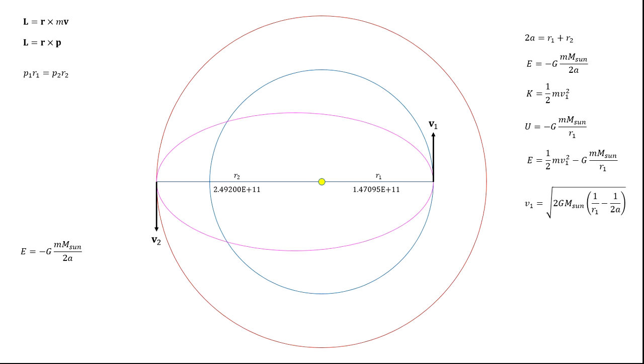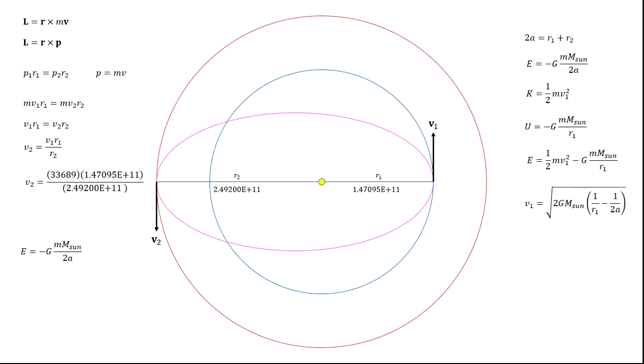At perihelion, where the momentum is p1, the distance from the Sun is r1. Likewise, at aphelion, the momentum is p2 and the distance is r2. Momentum is mass times velocity, so m v1 r1 equals m v2 r2. This simplifies to v1 r1 equals v2 r2. If we solve for v, we get v2 equals v1 r1 over r2.